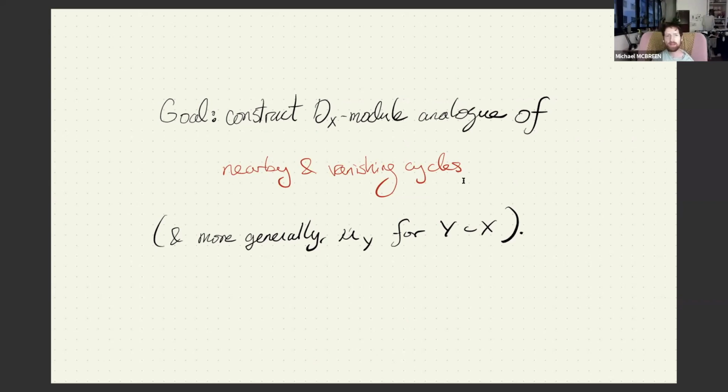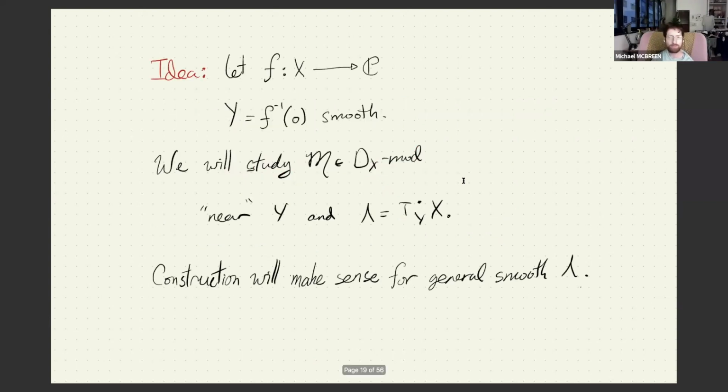And then we're going to use that to study some filtrations in regular holonomic D modules. And so the idea is straightforward. You start with a function. You want to study nearby and vanishing cycles of a D module with respect to that function.